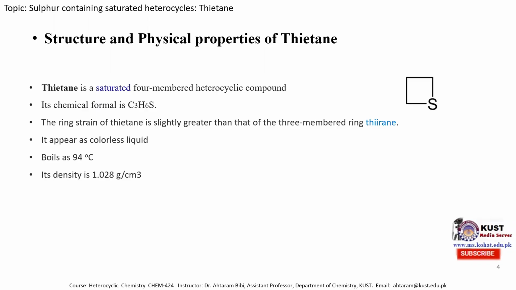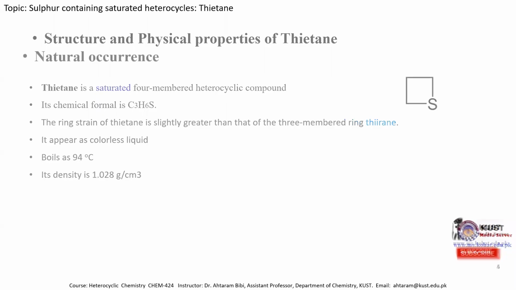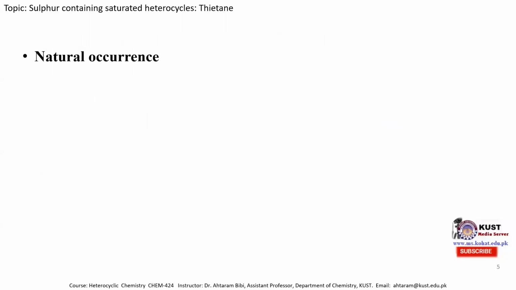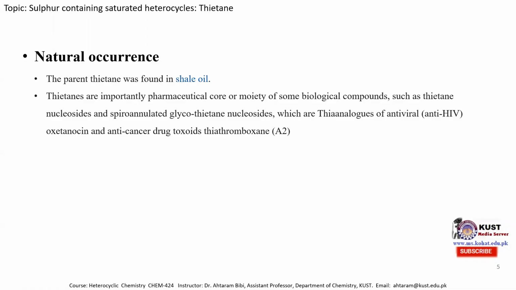Now I will discuss the natural occurrence of the Thietane molecule. The Thietane molecule is present in shale oil, and Thietanes are important pharmaceutical cores or moieties of some biological compounds such as Thietane nucleosides and spirocyclic glycothietane nucleosides.